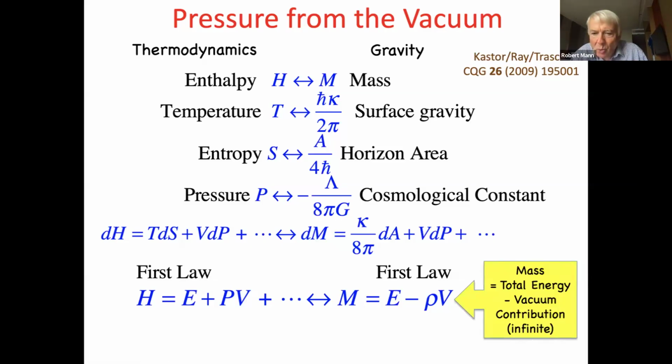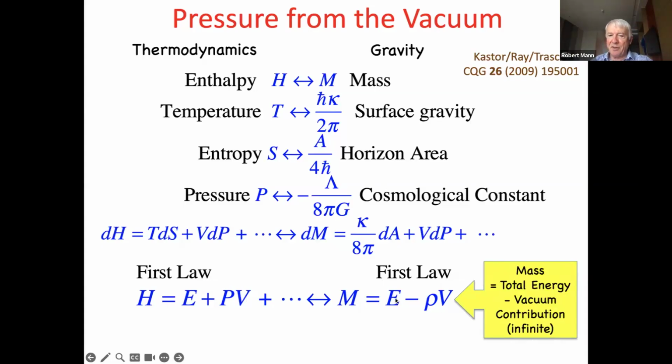To remind you of what enthalpy is: enthalpy is the energy it takes to both make a system and place it in an environment. The way you can understand that here is that the mass of the black hole is the total energy of space-time minus the vacuum contribution.